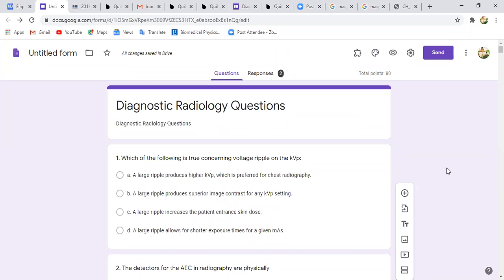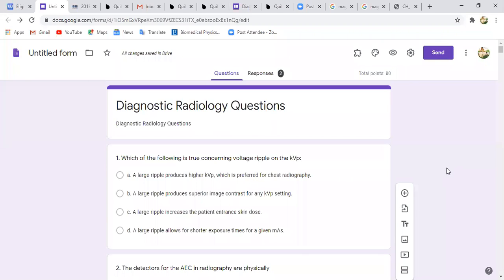Question one: which of the following is true concerning voltage ripple on the kVp? I hope we know what voltage ripple means. Voltage ripple has to do with the fluctuations in the voltage that is being supplied.